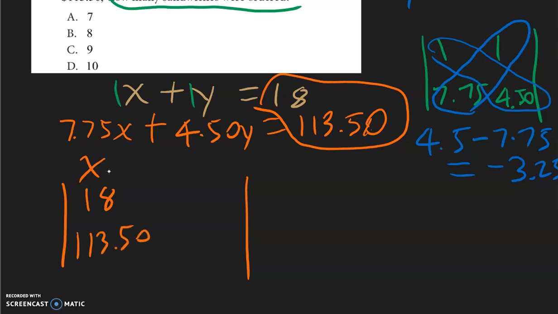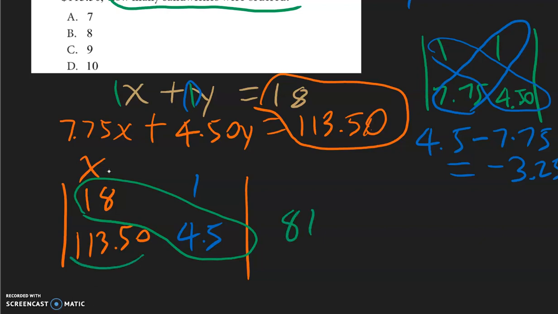And the y part is going to be the same, so that's a 1 and that's a 4.5. And now let's cross multiply. 18 times 4.5 is going to give you 81, and 113.5 times 1 is going to give you 113.5.